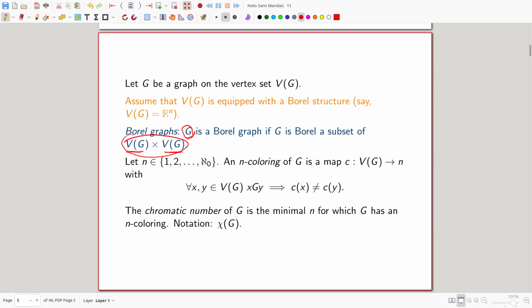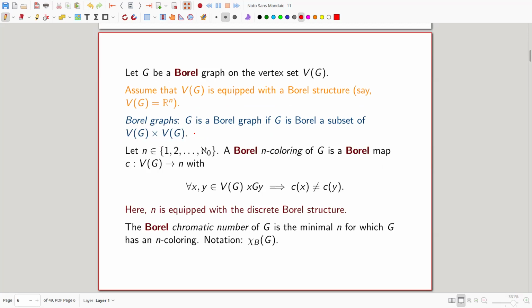About colorings, we also require that they be Borel as maps. So a Borel n coloring of the graph is a Borel map such that adjacent vertices get different colors. What is the meaning of a map being Borel?